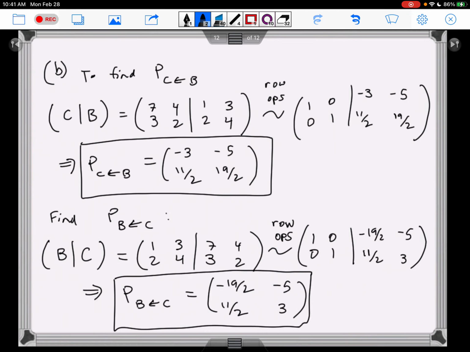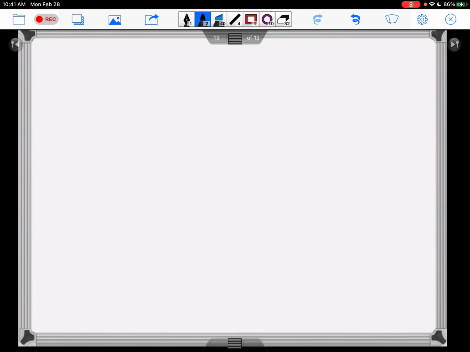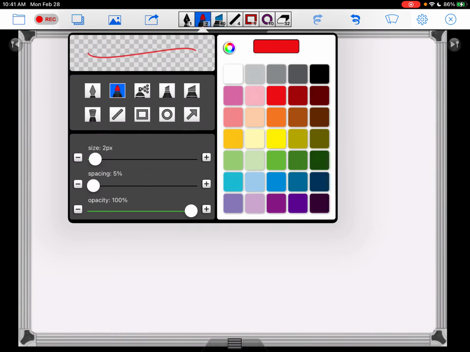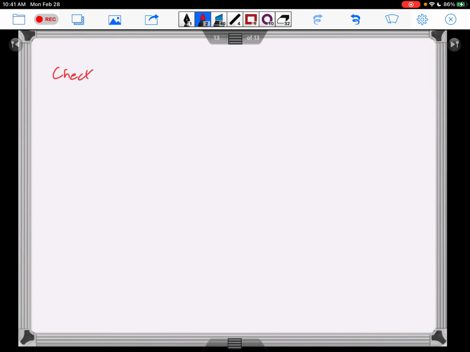And so let's actually test it. In theory, if I take this matrix and I multiply it by V relative to B, I should get V relative to C. So let's see what happens. This will be our check to make sure our calculations are at least consistent.